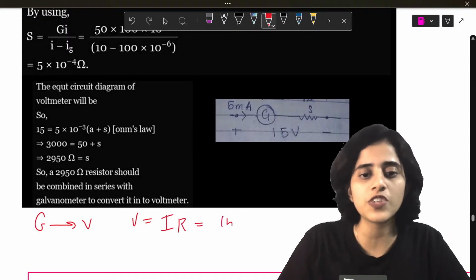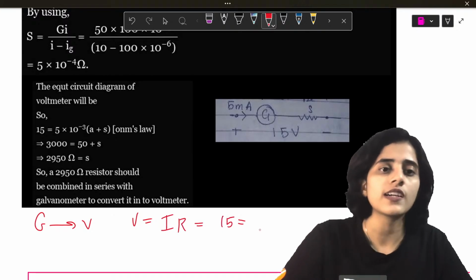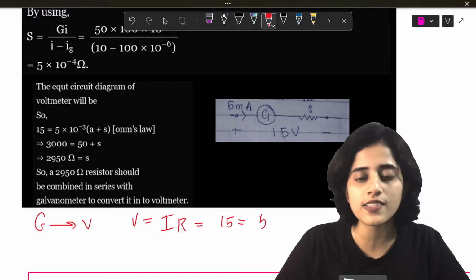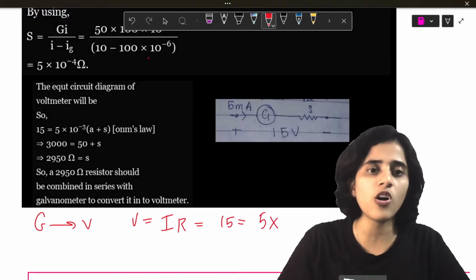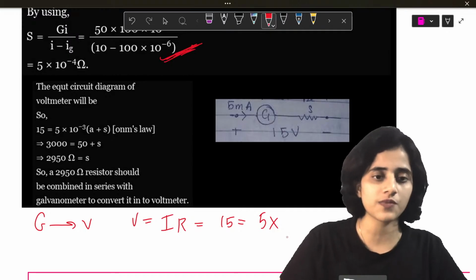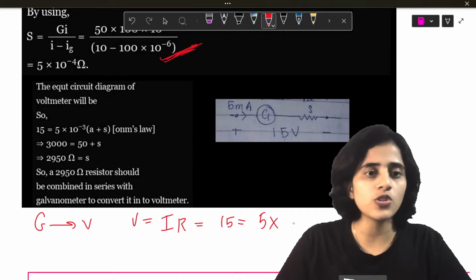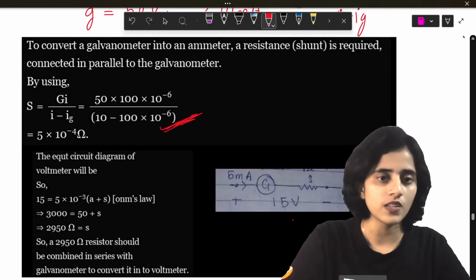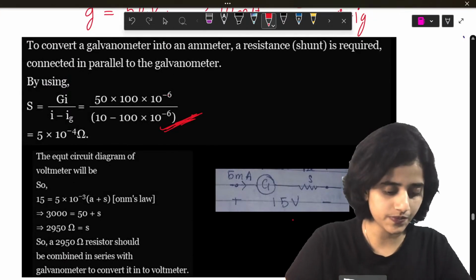So voltage is 15. 15 is equal to current. Current is 5 into, there's a small typing mistake here, I need to correct it. 5 into 10 raised to, how much would it be?